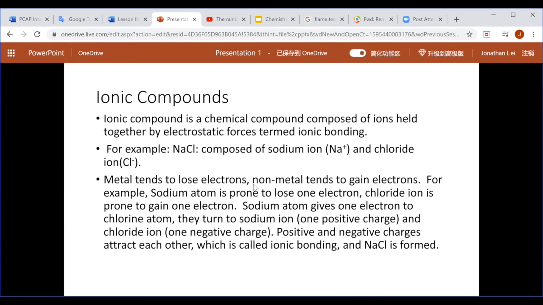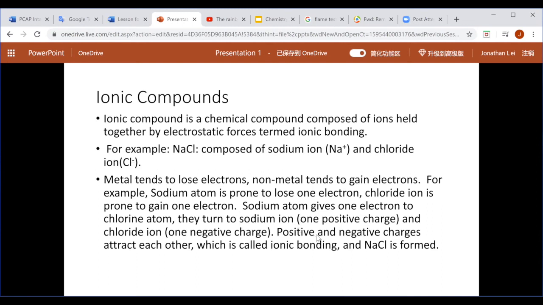Metal tends to lose electrons, non-metal tends to gain electrons. That's why sodium loses one electron, which makes it have one more proton than electron, so it has one positive charge. For chloride, it gains one electron, which makes it have one more electron than proton, so it has one negative charge.